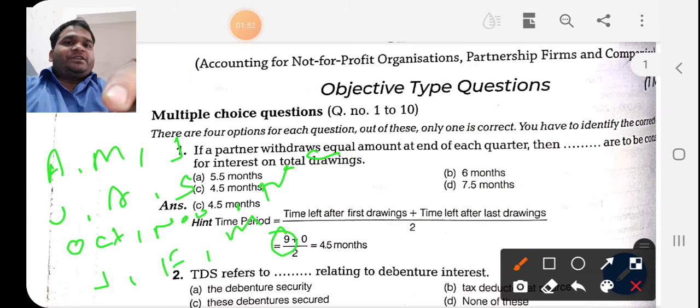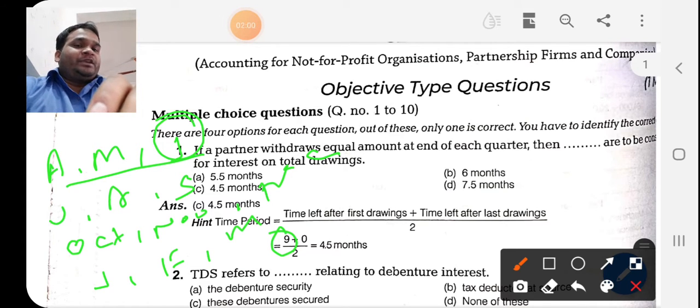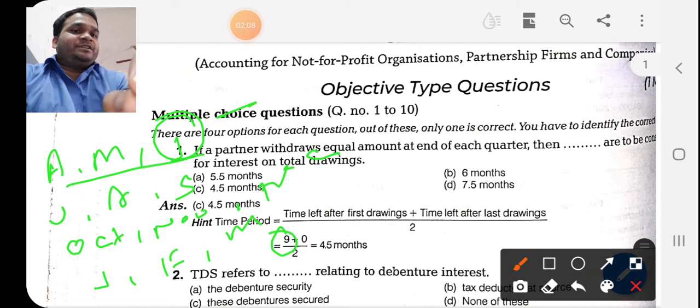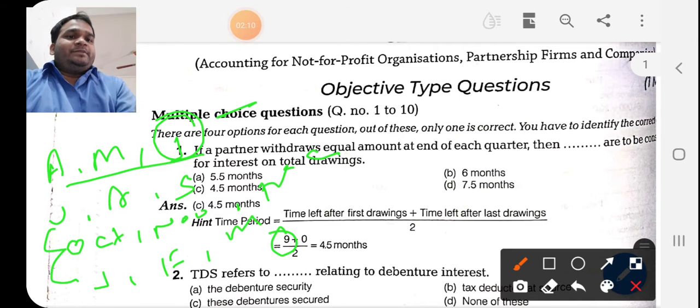It means for the first time when the partner withdraws the amount, he will be withdrawing at the end of April, May, June. At the end of June he will withdraw. So for the first quarter, no interest will be paid. Now count out the months. How many months will be remaining after the first quarter? Basically 9 months. And how many months will remain after the last drawing?